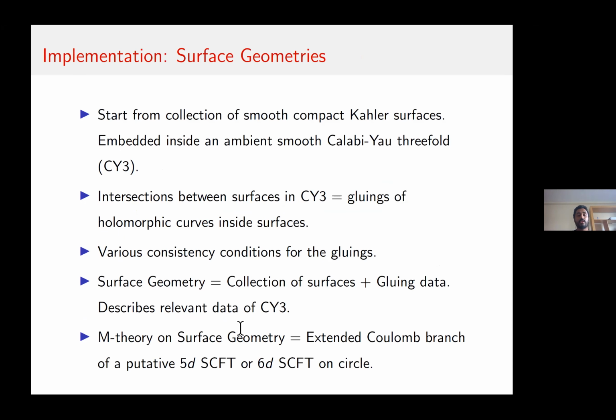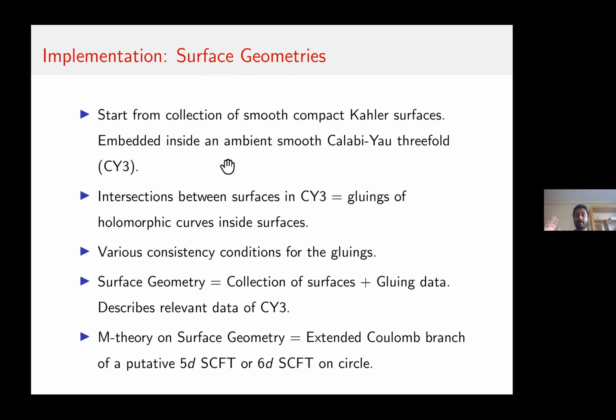Okay, so now we want to implement this notion of integrating out BPS particles. And how do we do that? This is the point where the tool of surface geometries comes into the picture, and it's very helpful to describe this process. So let's first define what a surface geometry is. We start from a collection of smooth, compact Kähler surfaces.